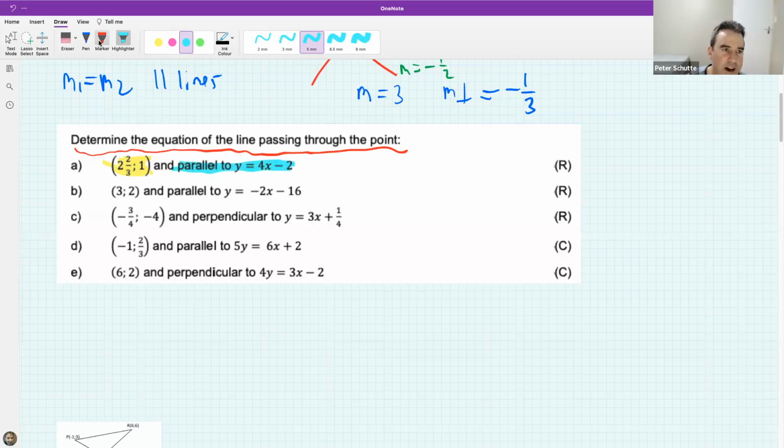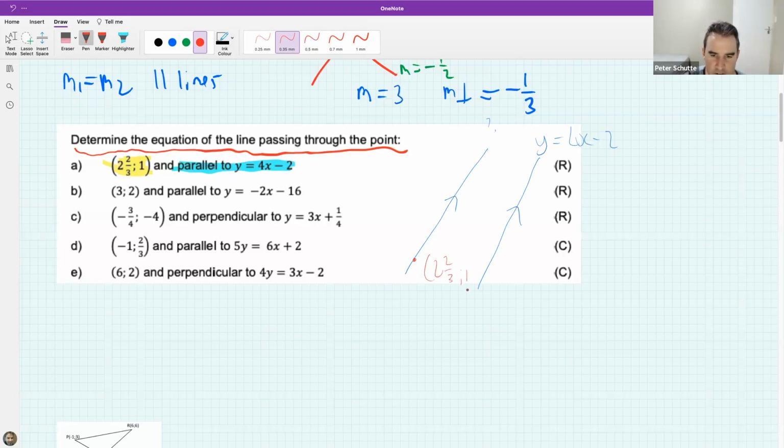So what they're saying is, look, there are two lines in relationship and they're parallel. The one is 4x minus 2. The other one is who knows. But on this other one, there is a point, and that point is that. Find me the equation of this parallel line.